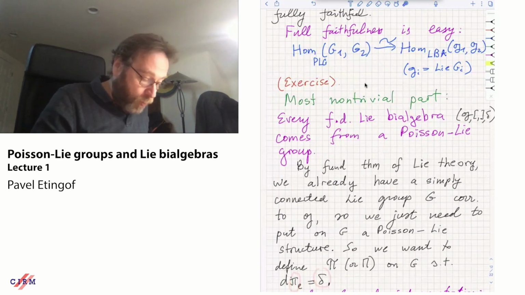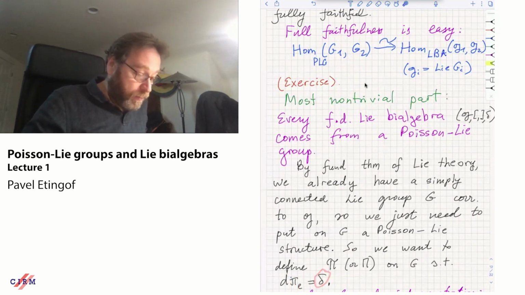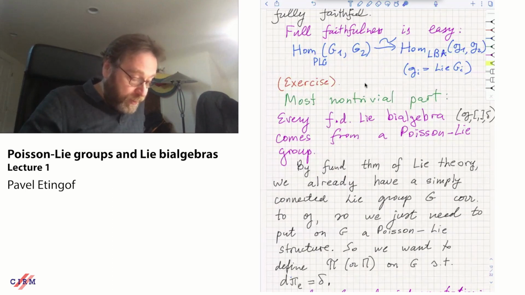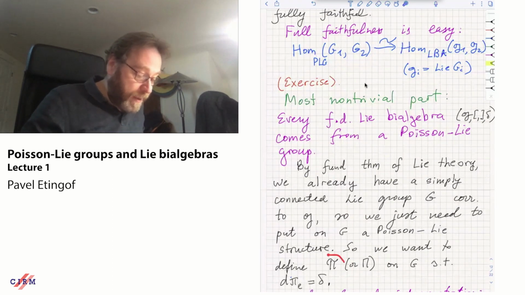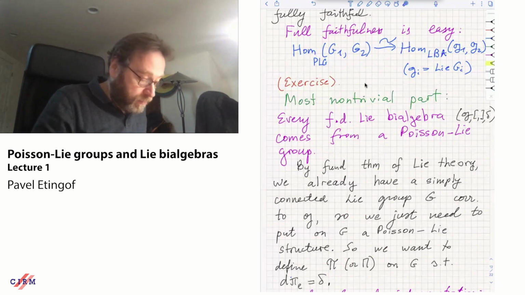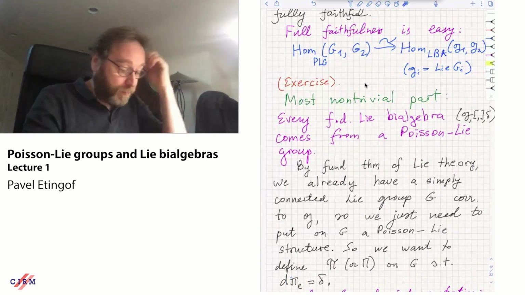So given cobracket delta on a Lie algebra of a group G, we need to lift it to the group G, which means define some bivector or function pi, whose differential is delta, and which gives rise to a Poisson-Lie structure on our group.